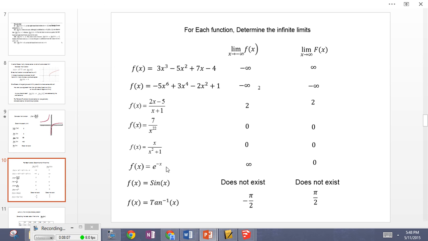Now, some might ask, well, what if I don't know what's happening at the ends of the function? Very good. To that extent, there will be, in calculus, a tactical approach that you will use to determine the limit as x goes to infinity. For our purposes right now, we're only concerned about functions we know something about.